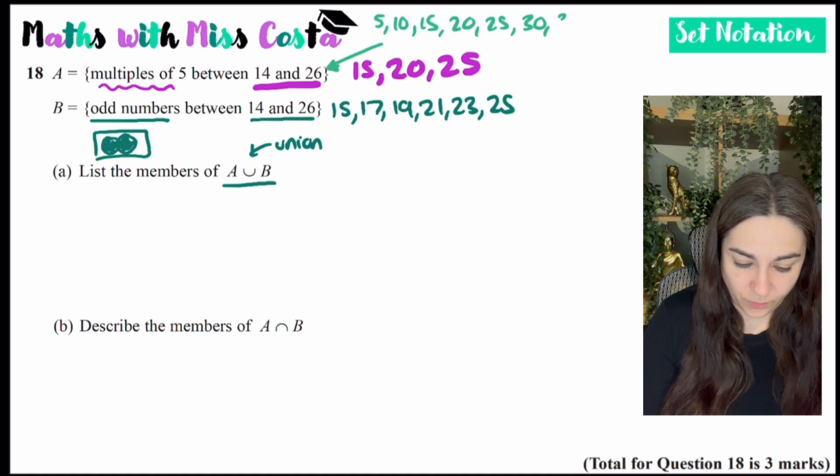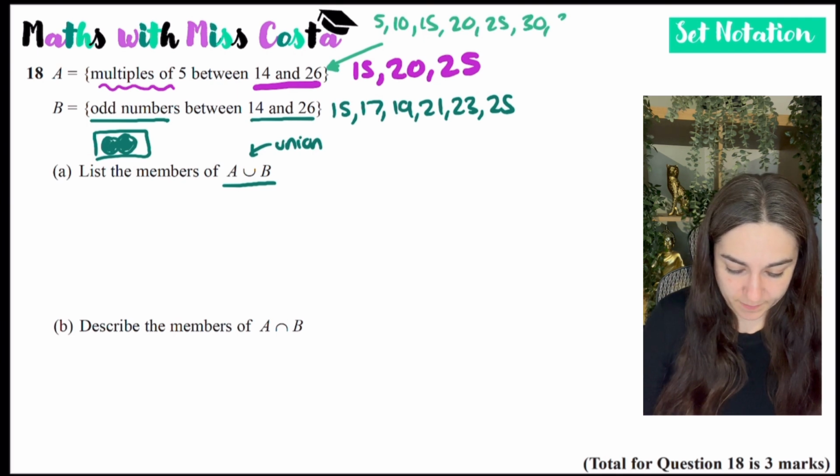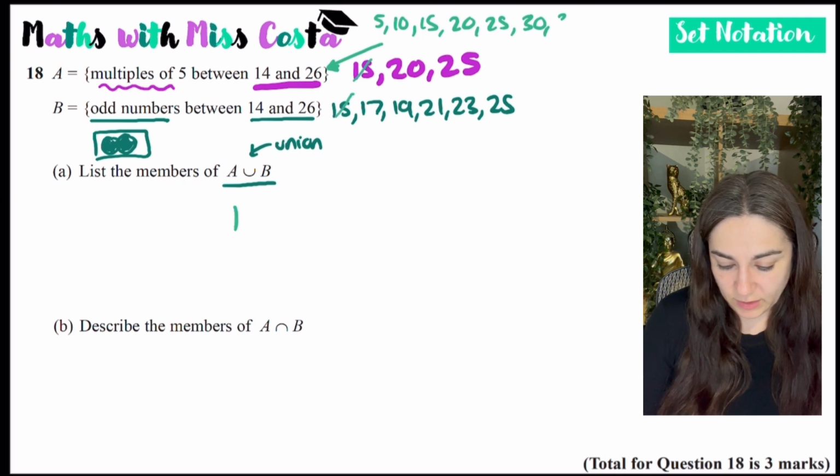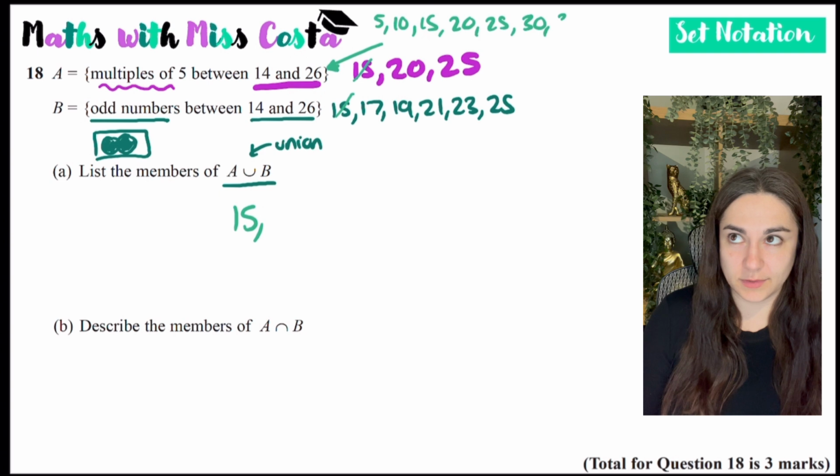So what you want to do is say, okay, the members of set A, you've got 15, and we'll just do it not chronologically, in ascending order.